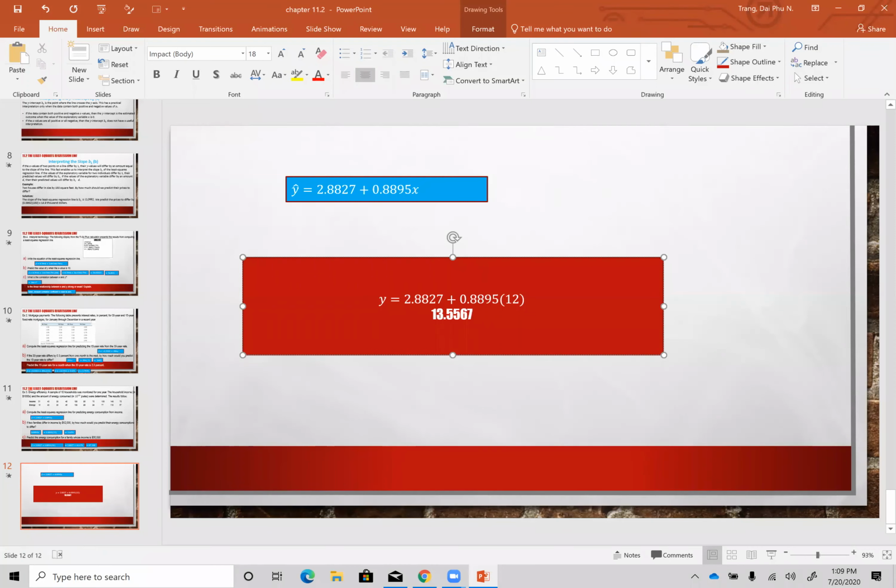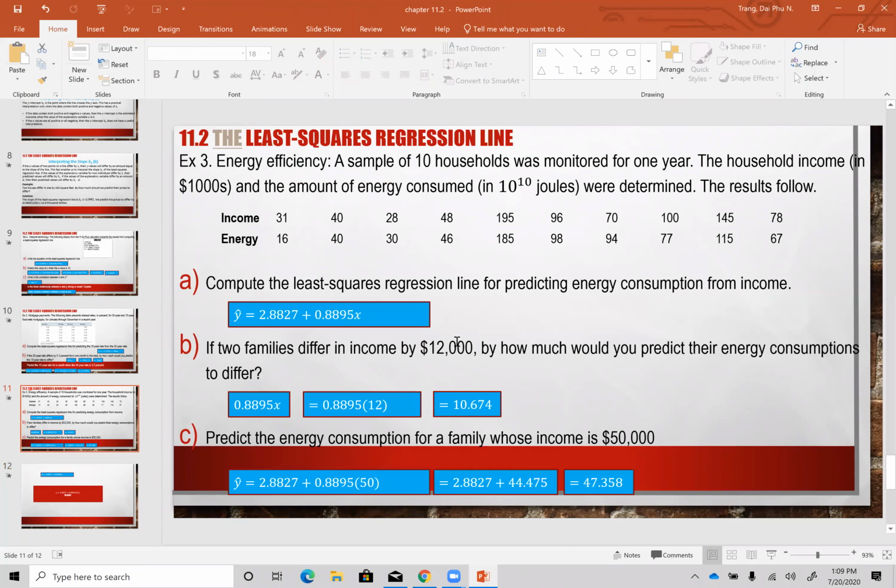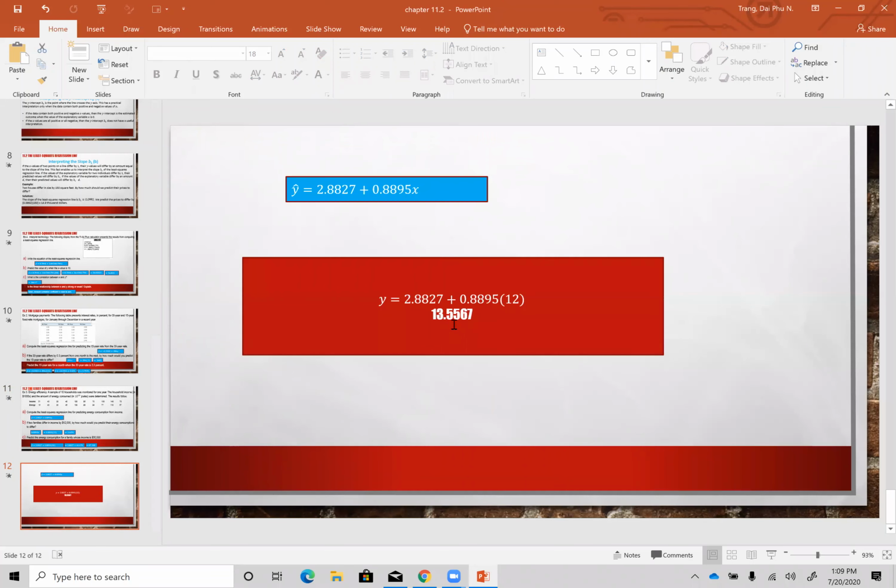If you plug in 2.8827 plus 0.8895 times 12, does everybody have that number? Yes. Okay. So this number tells you that if we were to have 12,000, the predicted value will be 13.5567.